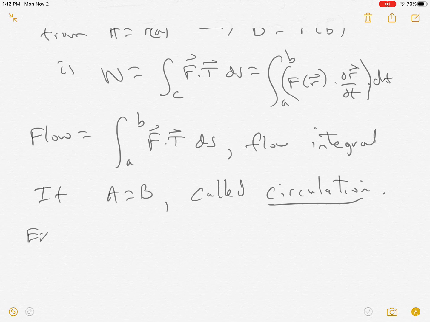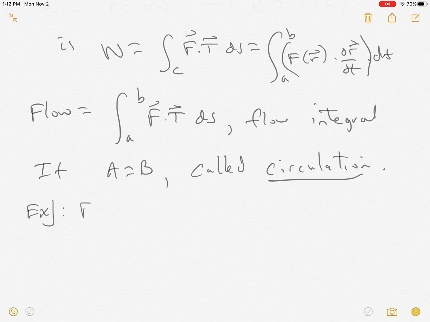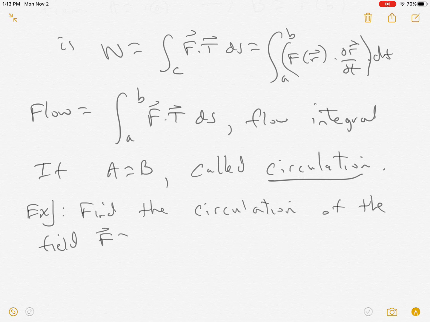So let's do an example here. Find the circulation of the field F, which is x minus y i plus x j, around the unit circle.